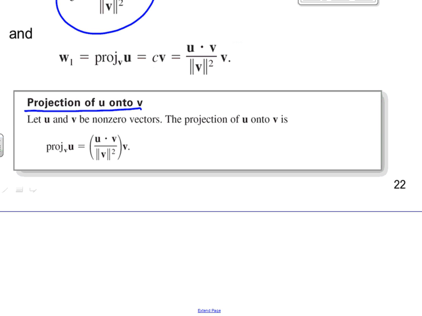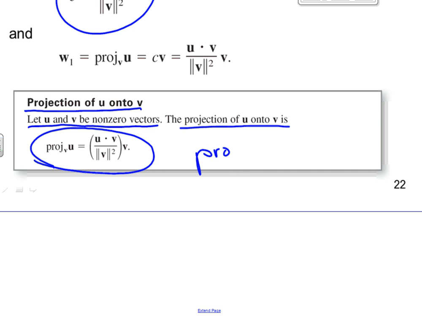If V and U are non-zero vectors, then the projection of U onto V is given by this formula: U dot V over the magnitude of V squared, all times V.